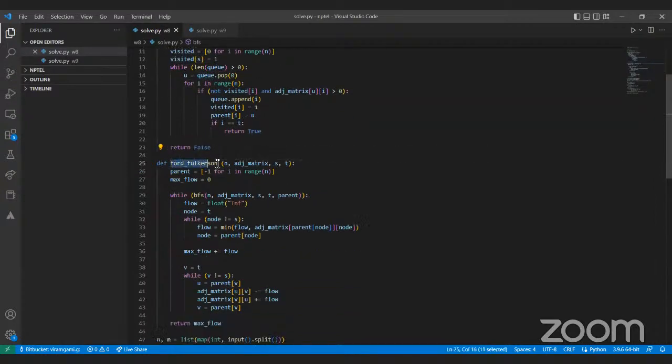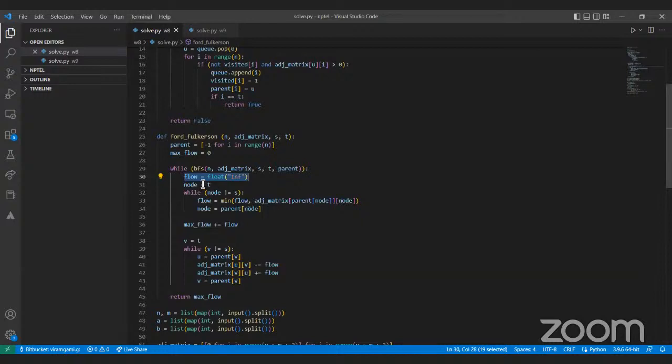Now, what this Ford-Fulkerson algorithm will do is, it will initialize the parent array with -1 and initialize max flow with 0, and it runs until there is an augmenting path. That means until there is a path which goes from S to T and has a positive capacity, like positive flow can pass through that path. I initialize a temporary flow with the bottleneck edge value, that will be the flow value that passes through that augmenting path. So I initialize the bottleneck edge value with infinity.